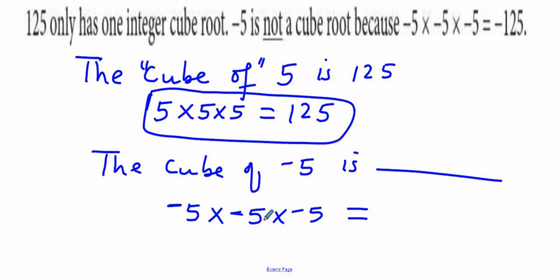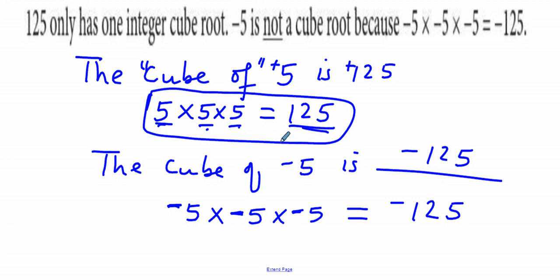Negative times negative is positive, and positive times negative equals negative. Now negative how much? The same applies here. 5 times 5 is 25, times 5, that is 125. So the cube of negative 5 is negative 125, whereas the cube of positive 5 is positive 125. And this becomes the working for that. So far so good.